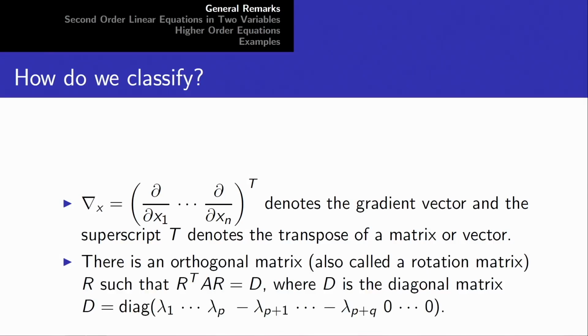From linear algebra, we learn that since A is a symmetric matrix, there is an orthogonal matrix, also called a rotation matrix, R such that R transpose A R is equal to D. Since R is an orthogonal matrix, R transpose is also equal to R inverse.